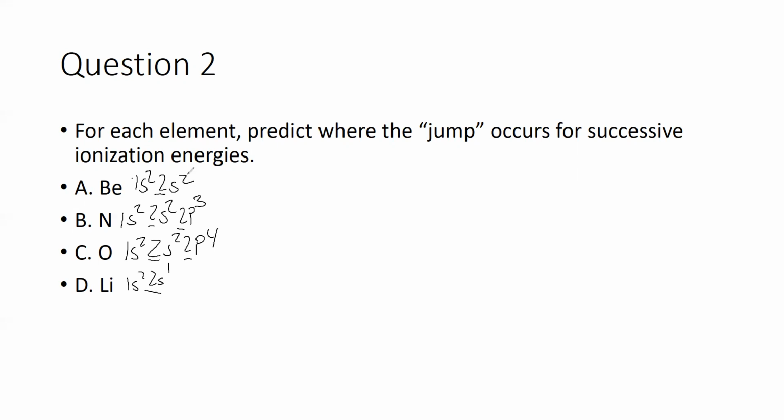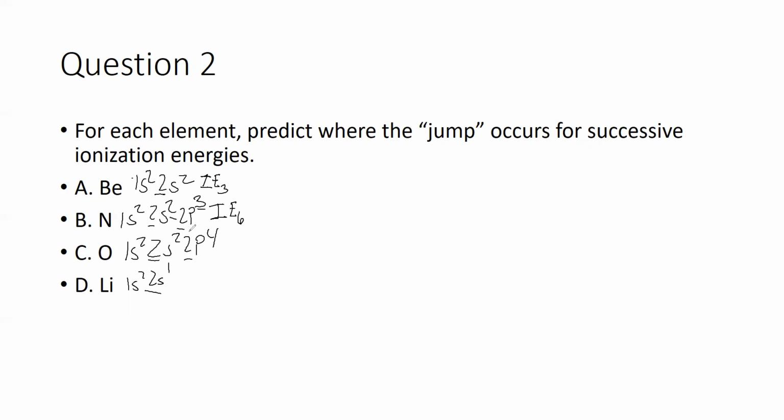So for beryllium, we can remove 2 valence electrons, and then we're into the core. So our jump happens at ionization energy 3. Ionization energy 3 would be very big compared to 1 and 2. Nitrogen would be ionization energy 6.